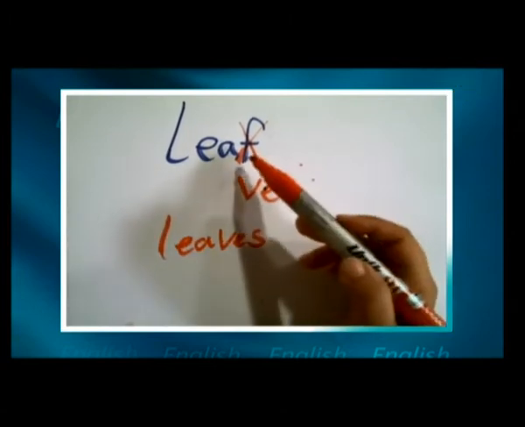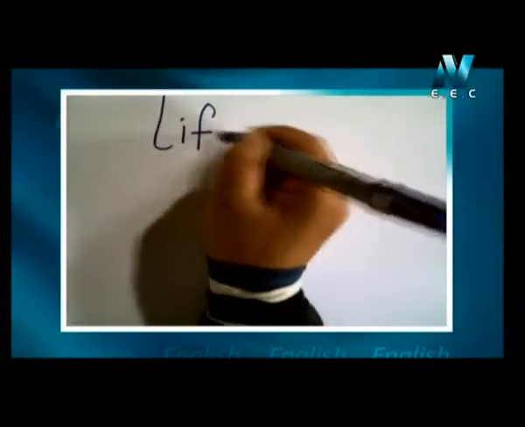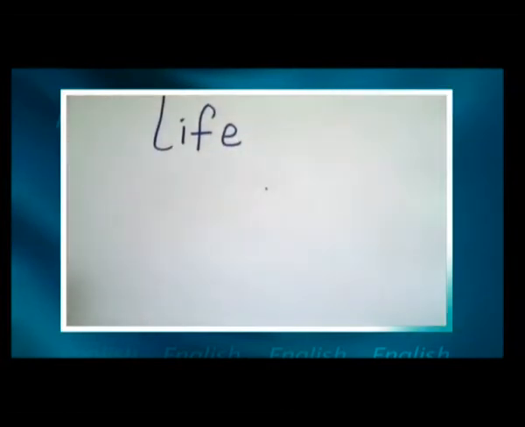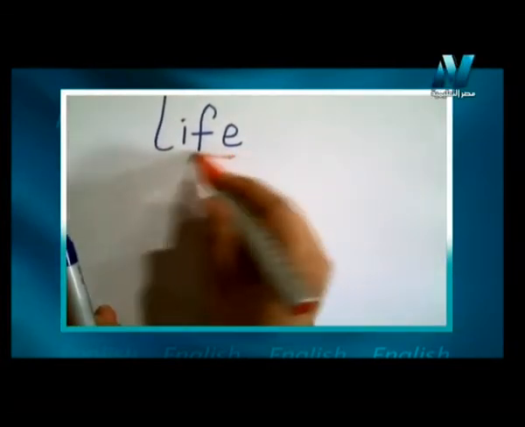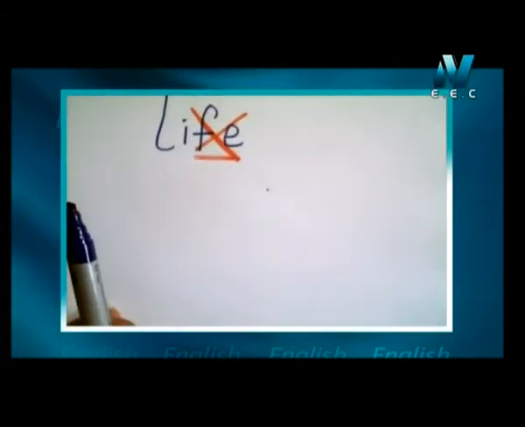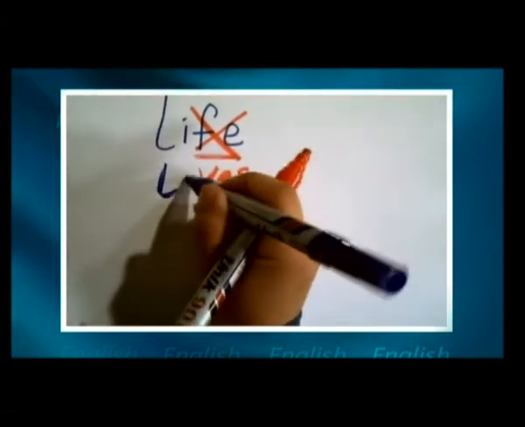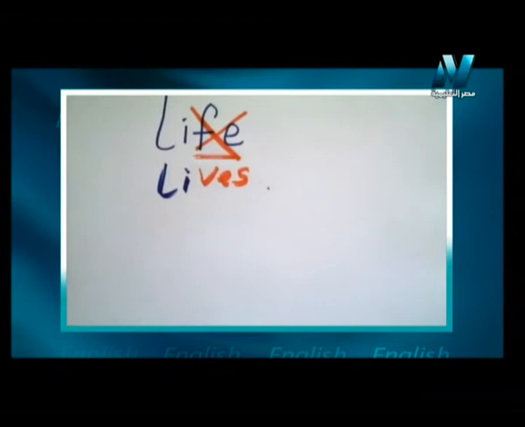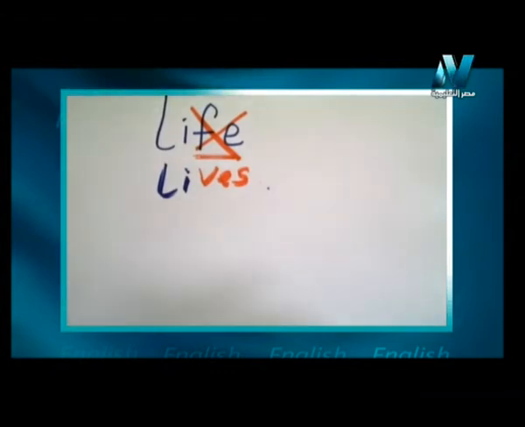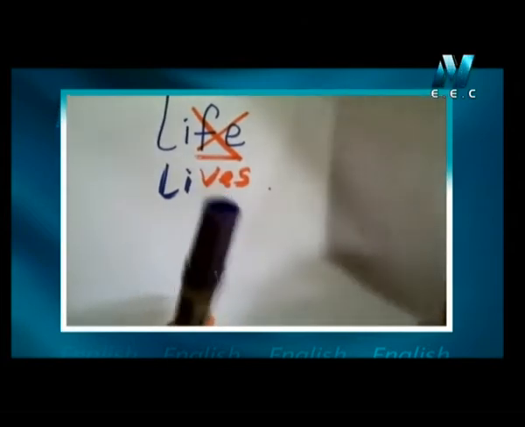Leaf is the singular form. The plural form is leaves. Another example, if I have the word life, it ends with FE, not only F, it's FE. I'm going to cross them out and put V-E-S. It's going to be lives. This is the plural form. Life, lives.